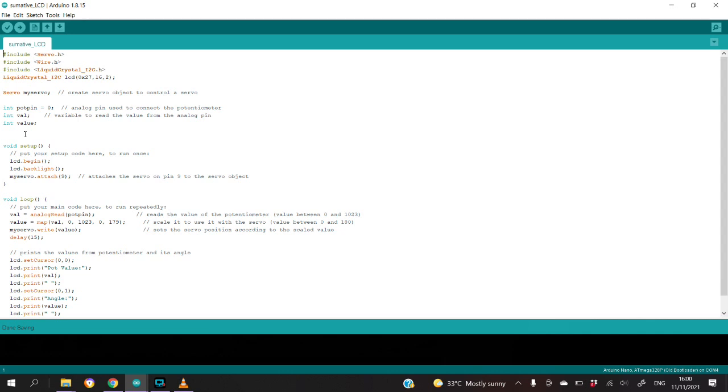So for this one, we include the servo motor, to determine its position. Wire.h, since we are using I squared C protocol, since the LCD we use has an I squared C module included.